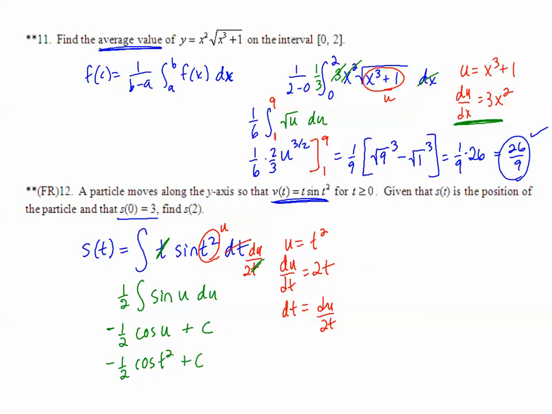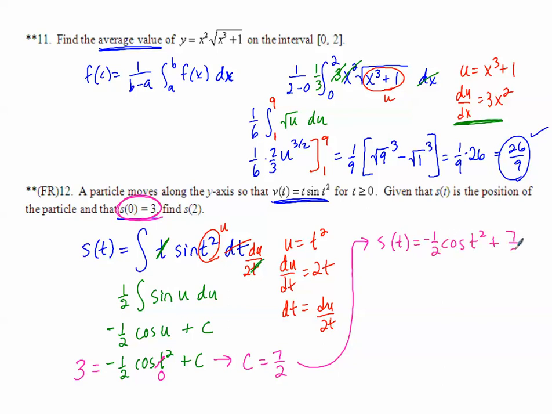Well, the plus c we can find because they gave us this initial condition. This is the position, so when the position is 3 at time 0, we get c to be 7/2. Plug that back in to the position function, s of t equals -1/2 cosine of t squared plus 7/2, and now we can use that to find s of 2.